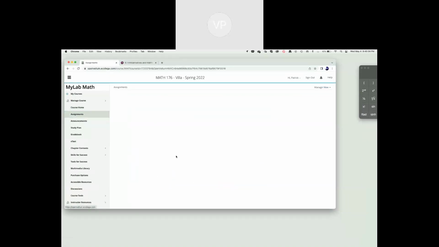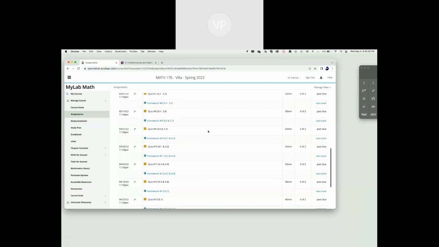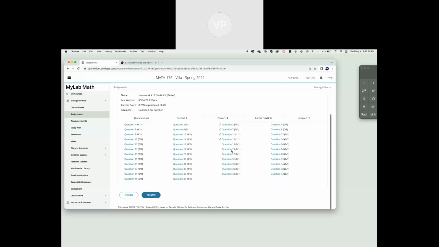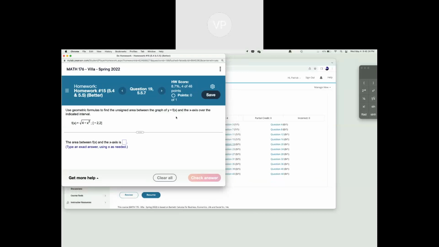If you get to your assignments, we've gotten all these quizzes and homeworks done. And just a reminder, if you've already started homework 15, then do that one. I gave you a number of problems to skip. I put it in the message board. I emailed you all. If you hadn't started it yet, we're on this better one, so that's the one I'm going to work on. We did these 4 last time, so let's just pick up right there, and let's look at number 19.